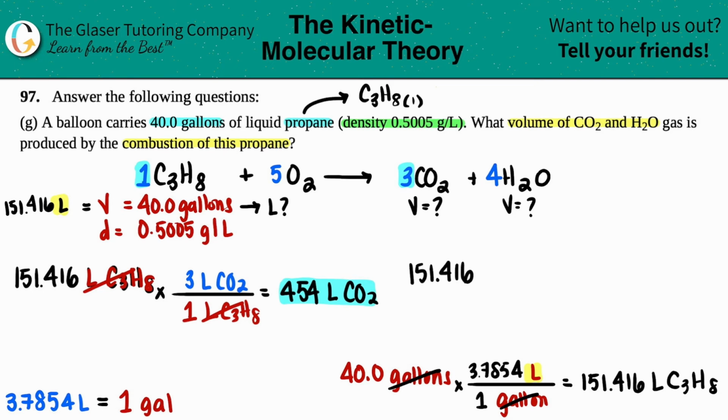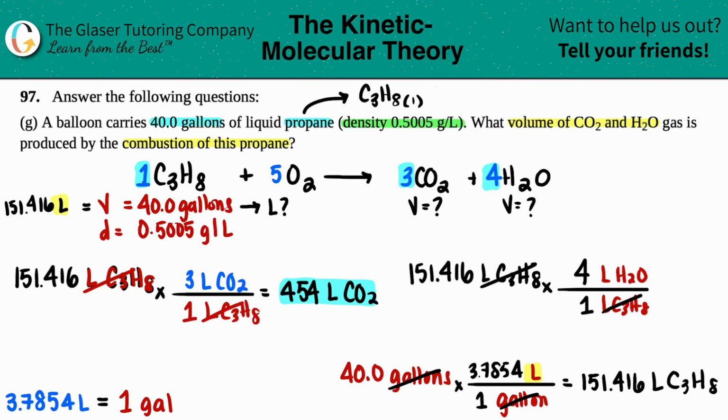151.416 liters of the propane, C3H8, times by that ratio. Throw the unit that you don't want on the bottom. So liter of C3H8 goes on the bottom. We'll do liter of H2O on the top. Hold on. Use those coefficients. We already said that there was going to be 1 for the propane, and then there's a 4 in front of the H2O. So I'm just going to put a 4 in front of there.